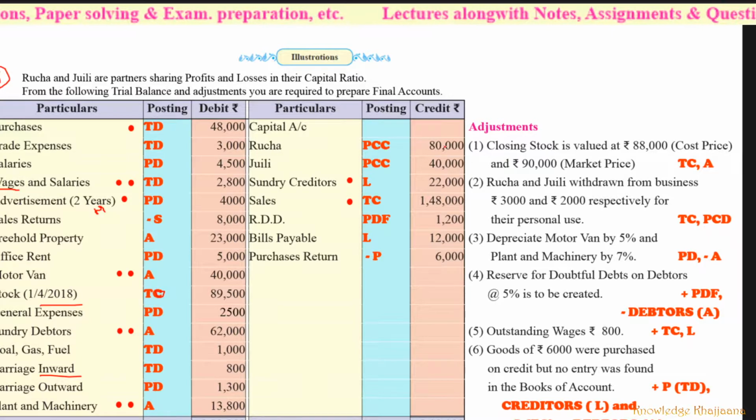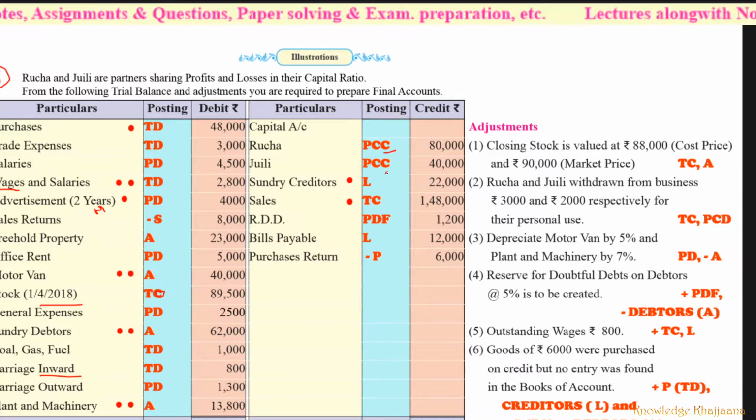Capital account, Rucha, partners capital account, credit side, right? Here we are maintaining in the books a separate partners capital account. If the separate partners capital account is shown instead of including the capitals in the balance sheet, then you have to record the capital in partners capital account, credit side.